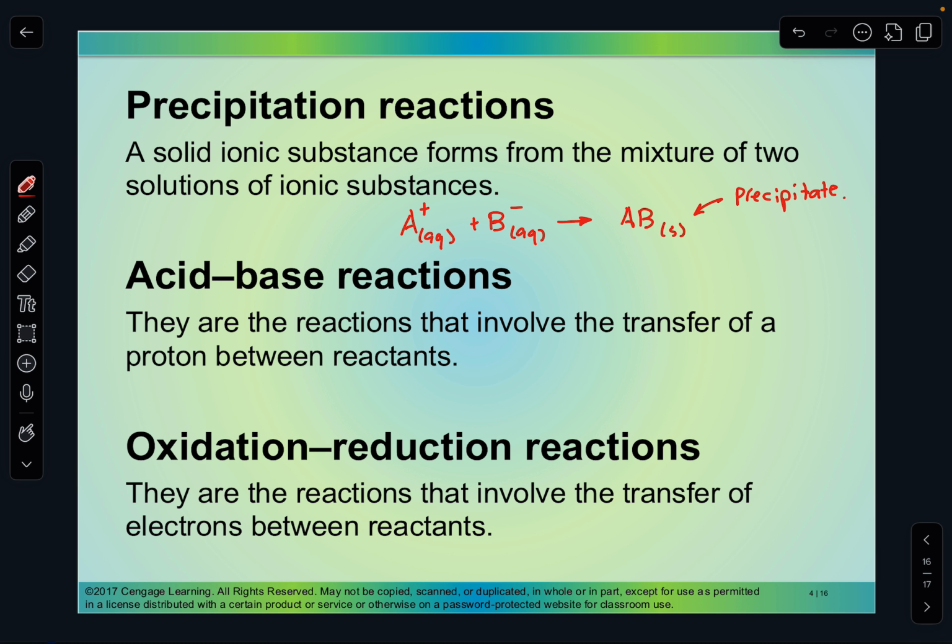You can think of it like precipitation when we're talking about the weather. It's going to be a change in phase. So it goes from aqueous to being a solid, and so that's a change of phase.